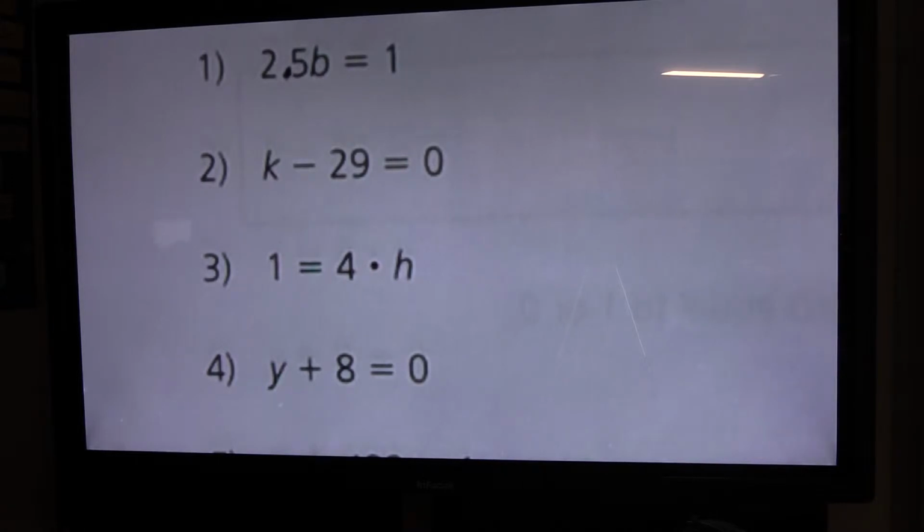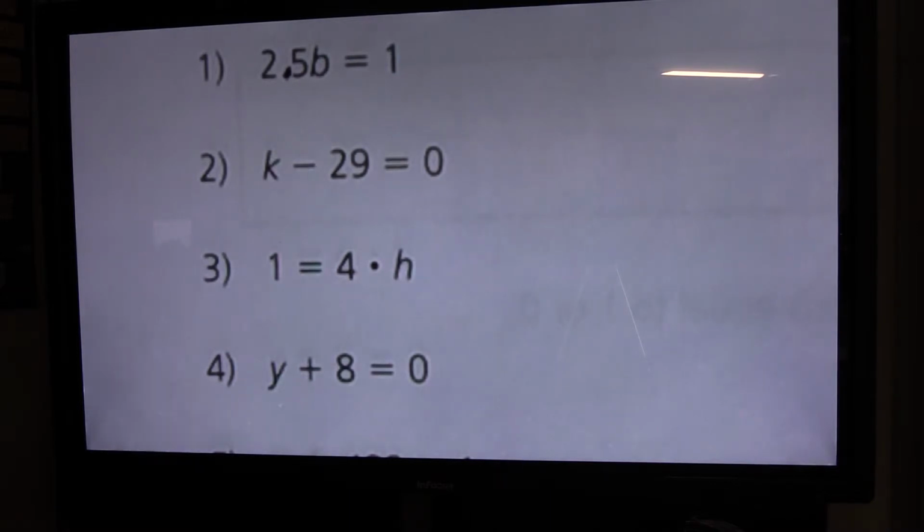All right, Kyrell. Multiplication. And what are we multiplying? 2.5 times B. What would be the inverse operation of multiplication, Kyrell? Division. Now, here's how inverse operations are going to help us figure out the value of B, that variable.